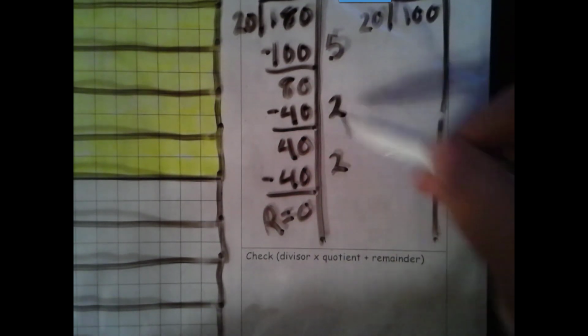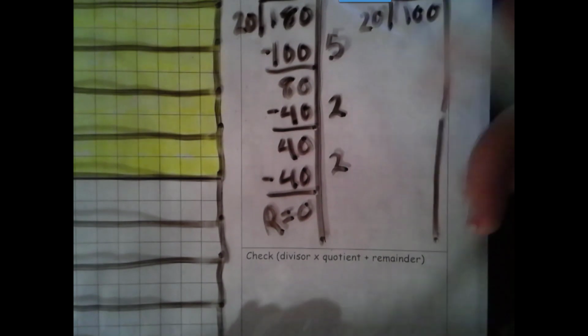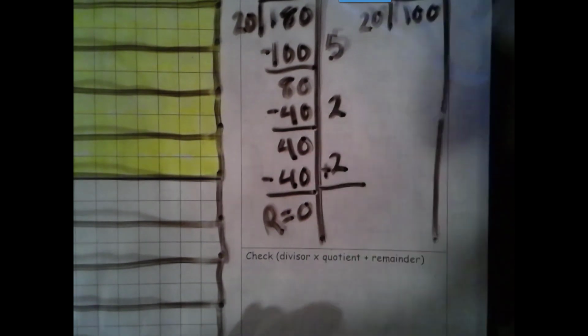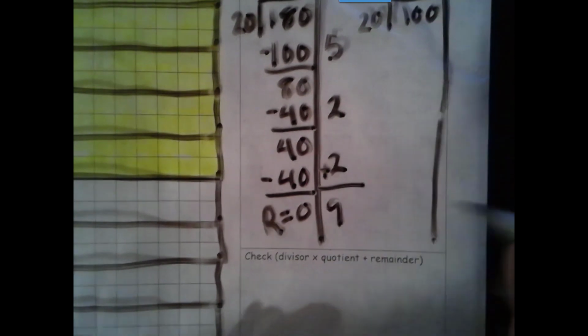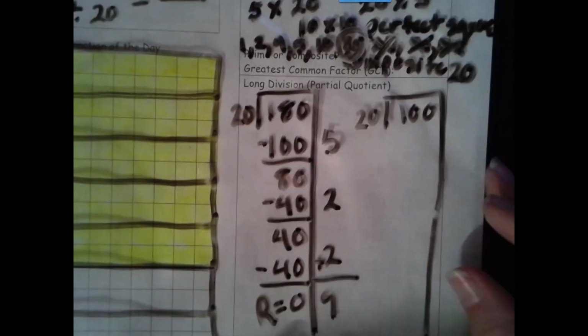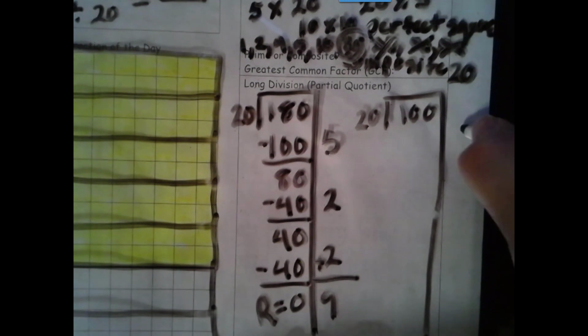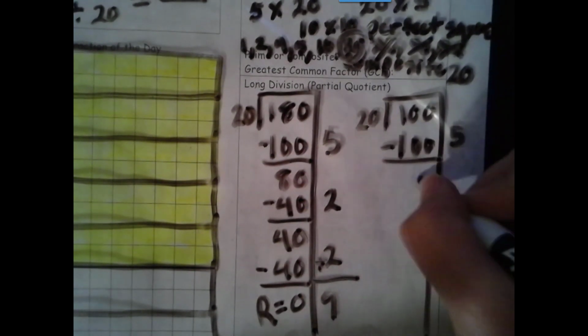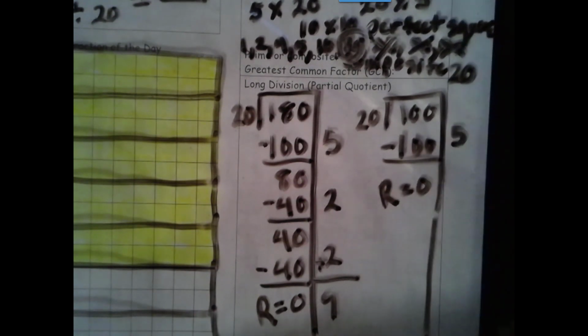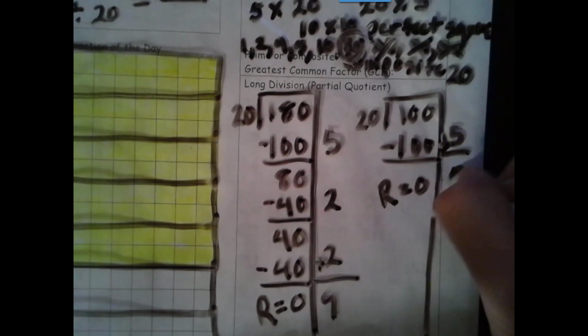But if you don't, just know that the multiples you do know will get you to your answer. We add these partial quotients, 5, 6, 7, 8, 9. Okay, and then here, 5 groups of 20 is 100. And then we get 5.